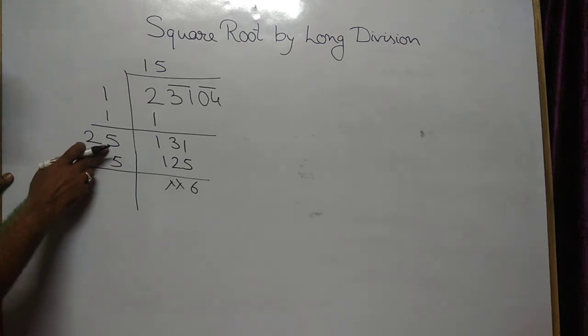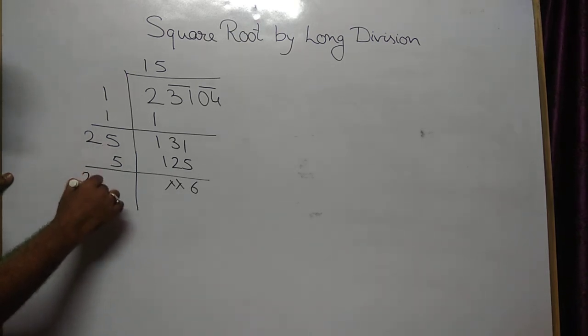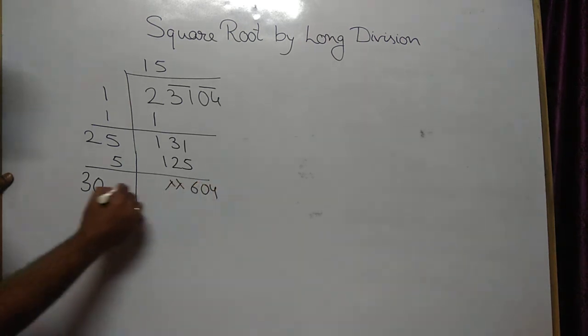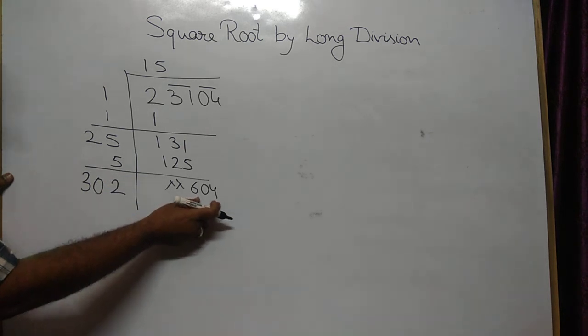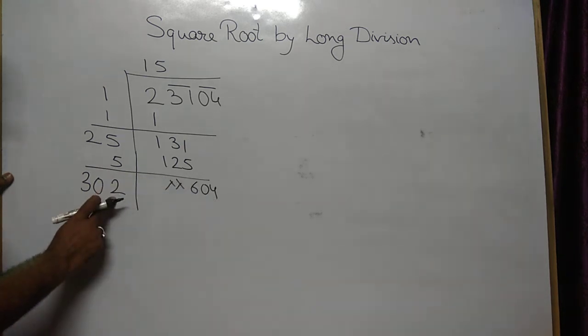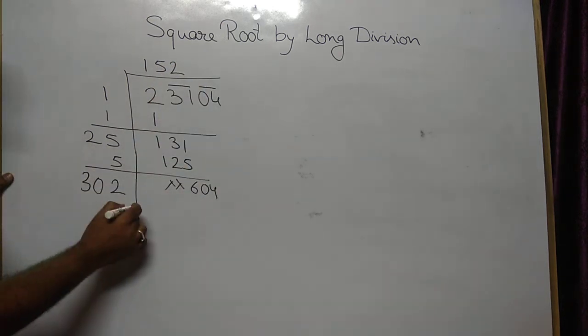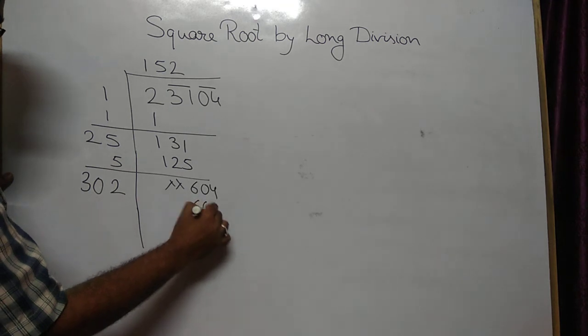We add this divisor again. So what do we have? We have 30. It is 0, 4, so it is easier. Next, 604 is itself a square number. We have to find this dividend, 604.